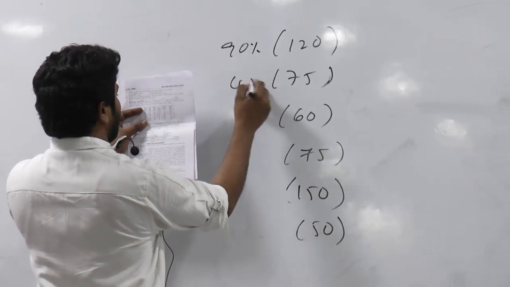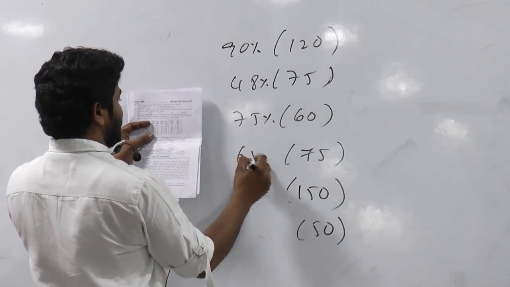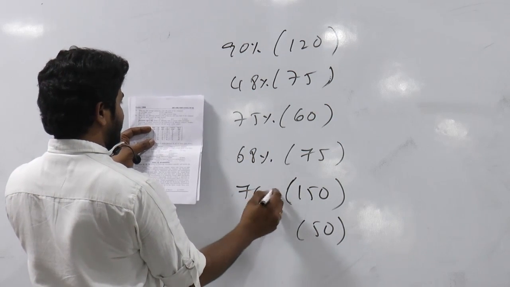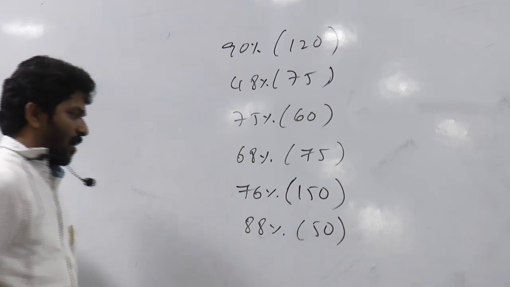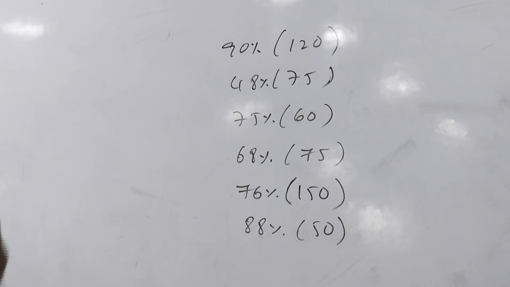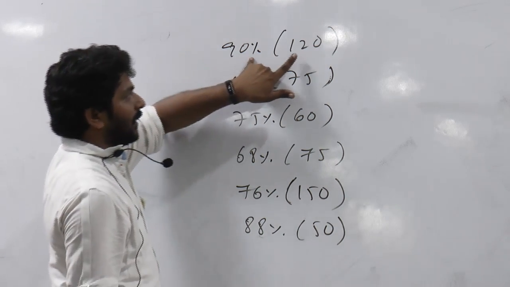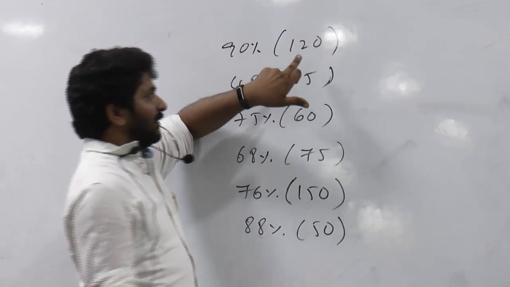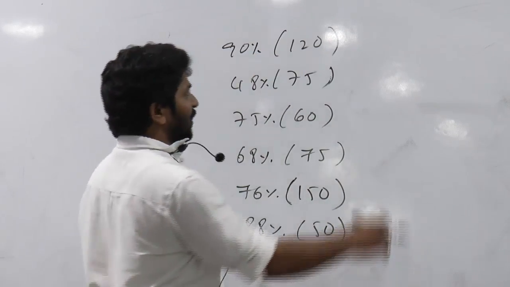Next 48%, 75%, 68%, 76%, 88%. Wait. 90% in the sense subtracting 10%. 10% of this number is 12. 12 less than 120 is 108.